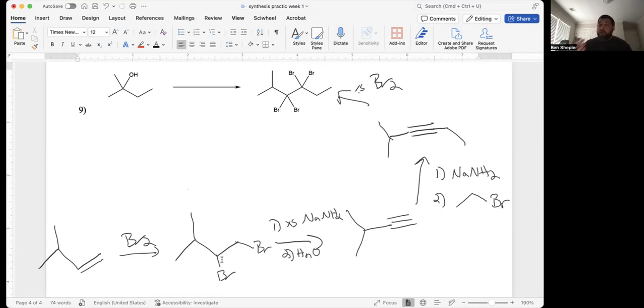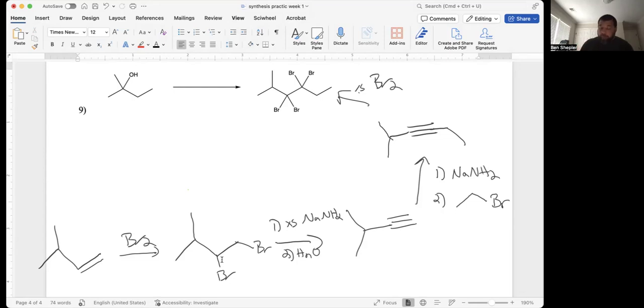And the reason the elimination and addition are useful is because for the elimination, I can use bulky bases or normal bases to control where the double bond goes. And then when I have the double bond, I can use HBr or HBr-ROR to control whether I get Markovnikov or anti-Markovnikov addition. And so I can often control where those functional groups end up, and I can move them.